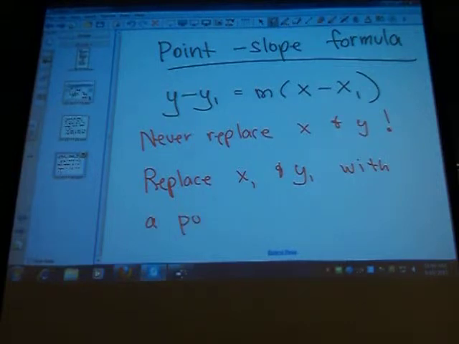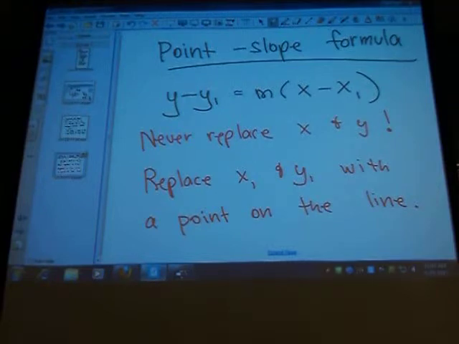You want to replace x1 and y1 with a point on the line. Now, if you know more than one point on the line, it doesn't matter which one you pick for x1 and y1, as long as you're not mixing and matching your points.